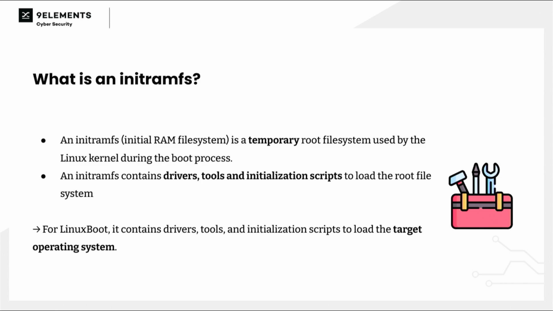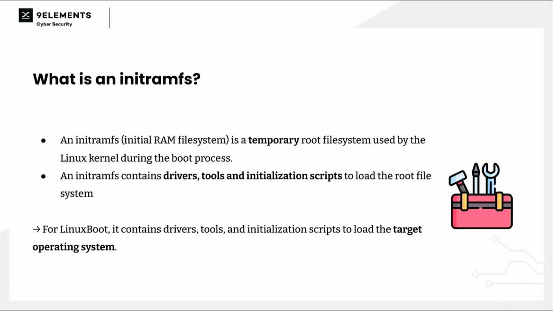That temporary file system contains all the drivers and tools and initialization scripts that you need in order to find your root file system and to change root into that root file system.